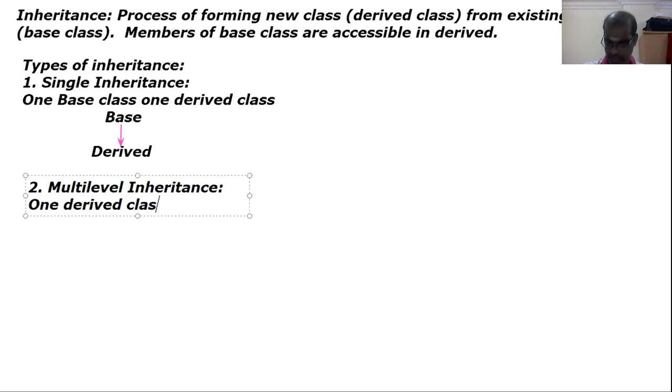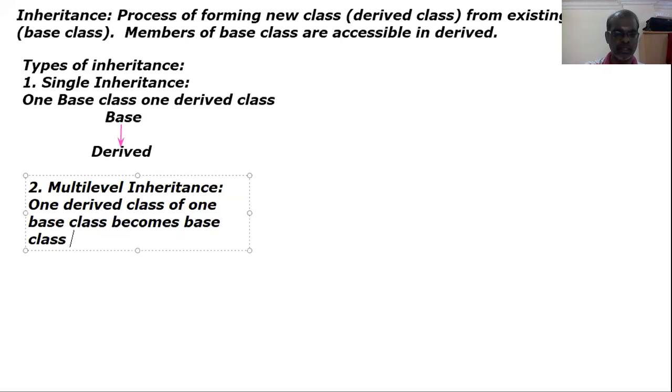Just like single inheritance, there is one base class and one derived class, and the derived class of the base class becomes the base class of another derived class.